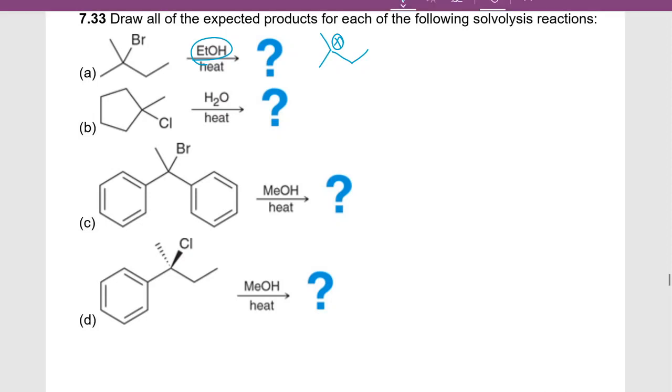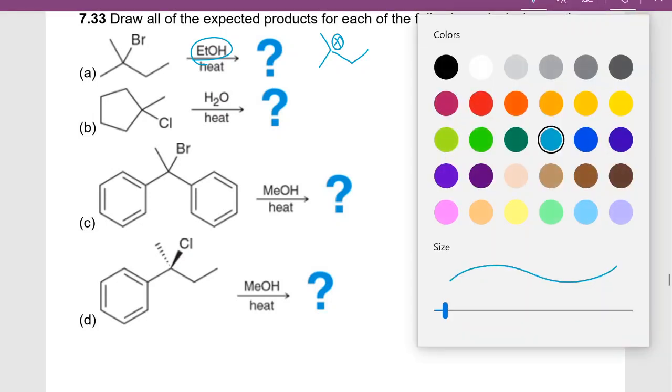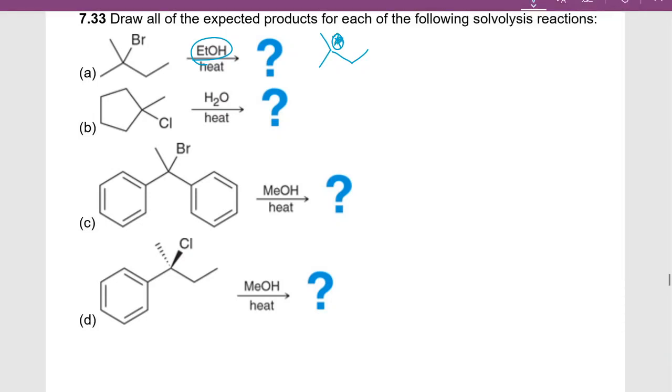so let's just go ahead and draw it. I don't have a lot of space here, so I'm going to go ahead and draw it in. Okay, or when we form the carbocation, we could pull off hydrogens from here, from here, and from here. The ones on the left are going to lead to the same product, and won't matter.